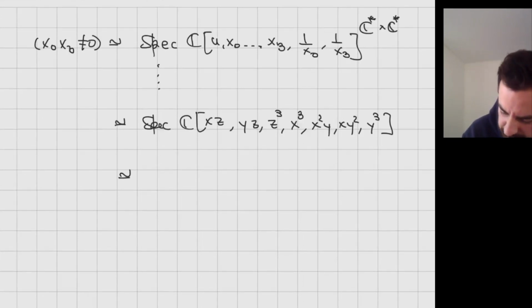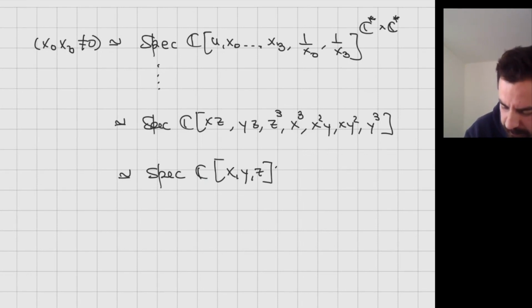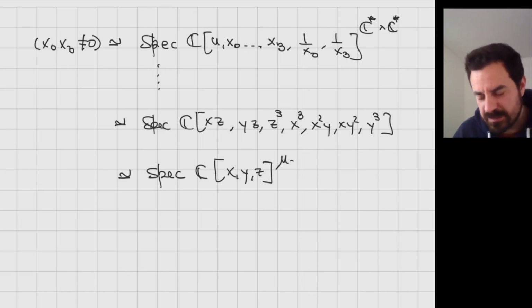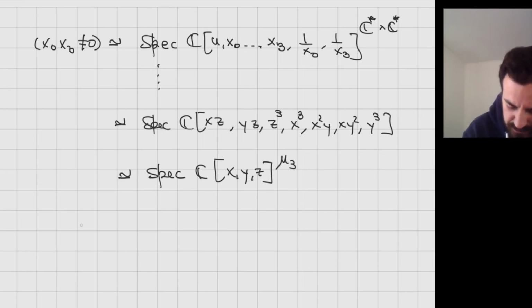And you can see that this is the spec of C[x, y, z], which is invariant under this group action. So this is a finite group of order 3. This is the third roots of unity, which act on A^3.